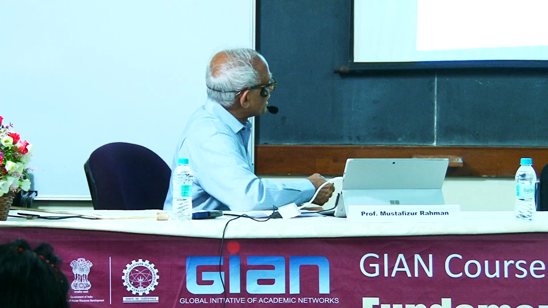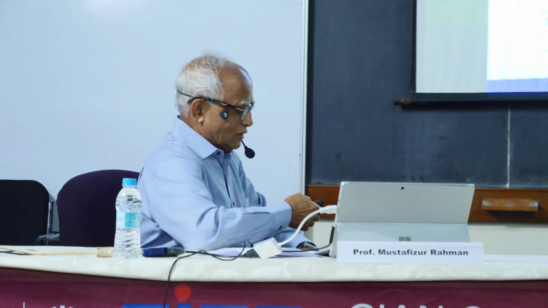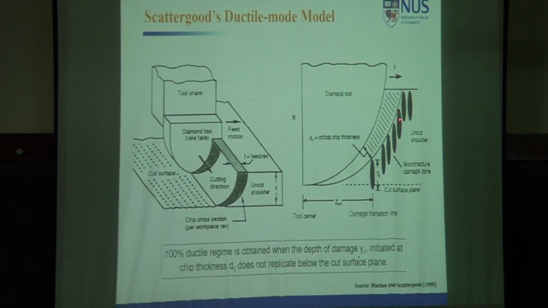If it comes down, the moment a crack generates, it touches the surface. So you get fracture. Whereas if you reduce your feed rate, your crack generation moves up, so it cannot reach the surface. So a very large feed rate is dangerous. Smaller is always better.